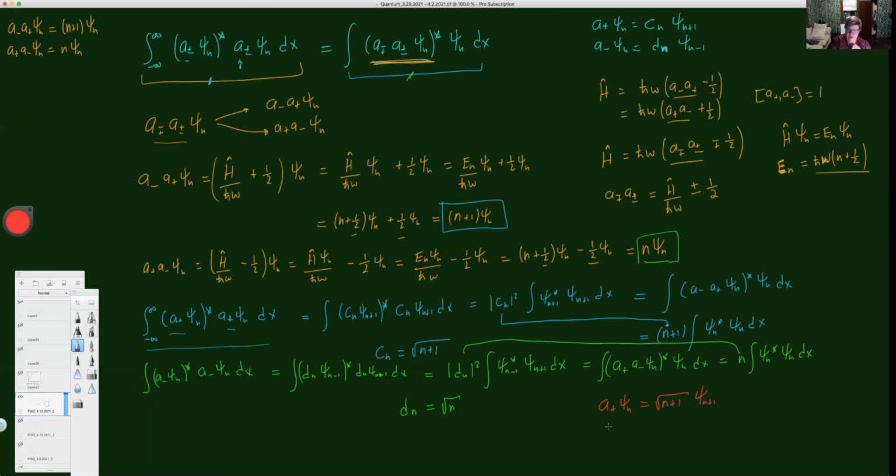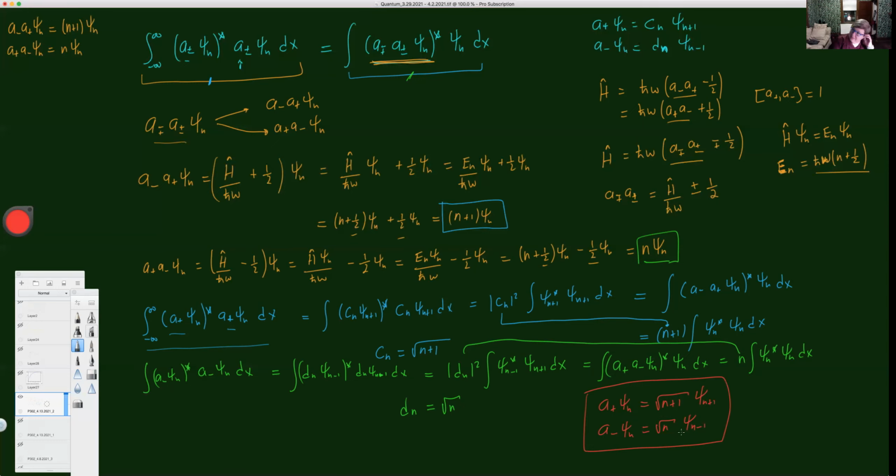And a minus acting on psi n gives you the square root of n psi n minus 1. Okay, that's great. This now tells us the normalization constants when we move up and down a level.